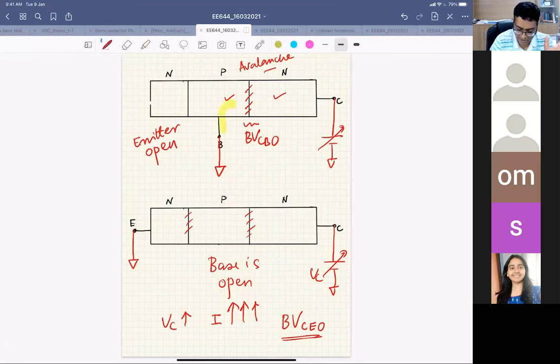Electron-hole pairs are generated in this junction here also, but the holes are collected by the base, because the base is connected to ground. Your emitter is open, but the base is connected to ground, so your base contact can drain out the holes from the base.